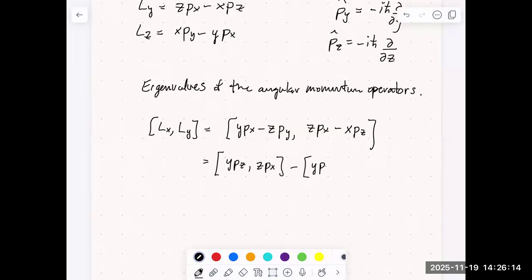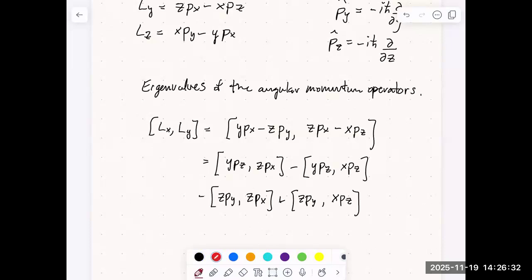Okay, so y pz minus x pz minus z py z px plus z py x pz.